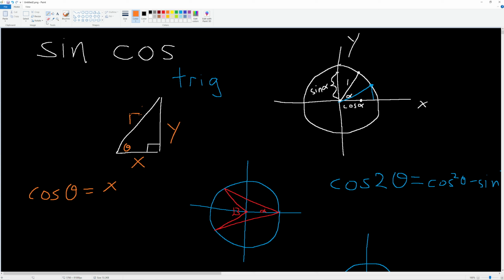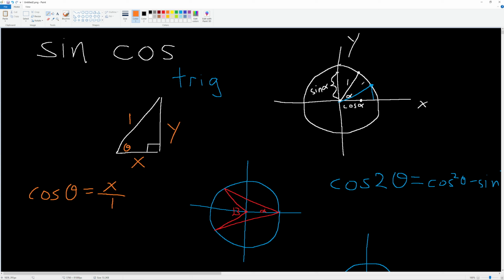Erasing for me is very slow. I need to figure out a faster way. Sorry about that. Oh, there we go. So this is 1 now, and in that case, the adjacent over the hypotenuse is x over 1, which is just x. So it kind of goes back to what we were saying here.